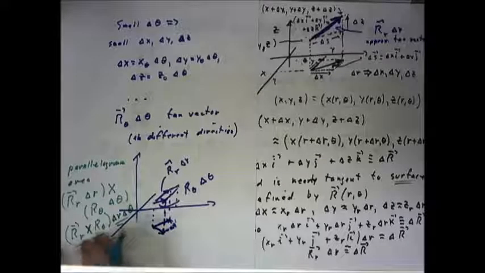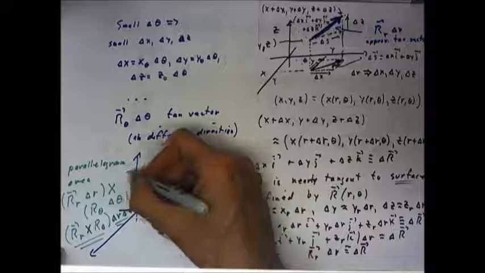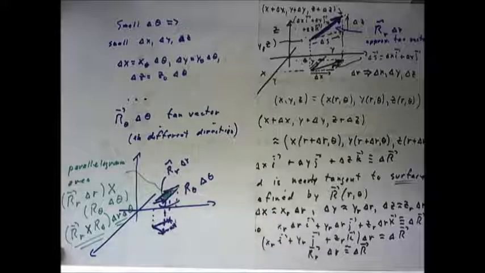Leaving us this expression for the area of this parallelogram. We'll see in another clip how this relates to finding the total area of a surface over an r theta region.